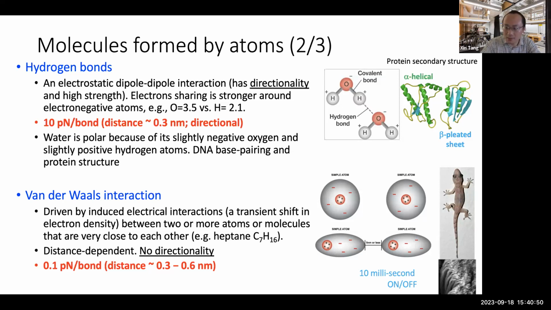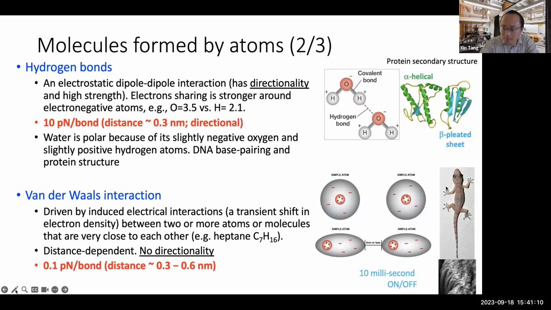In fact, people have characterized the gecko's feet. They found the van der Waals force between the feet and the roof can turn on and turn off in 10 milliseconds. Okay. And what's the reason they can have such a strong bond?